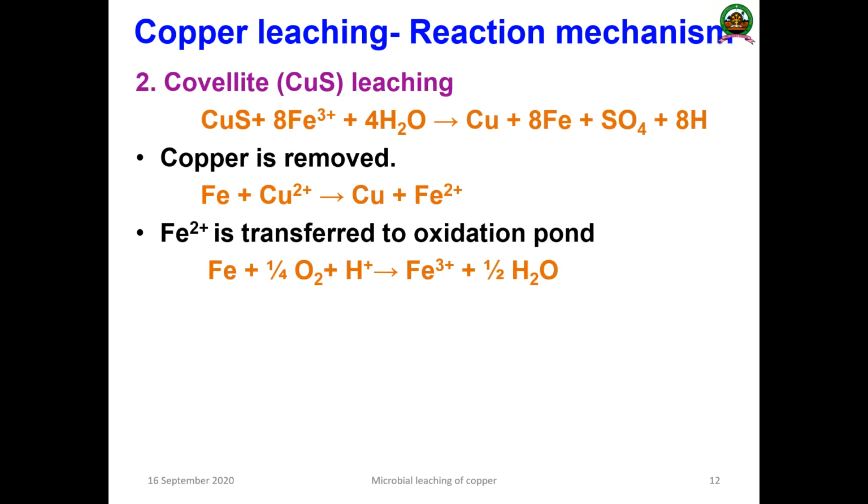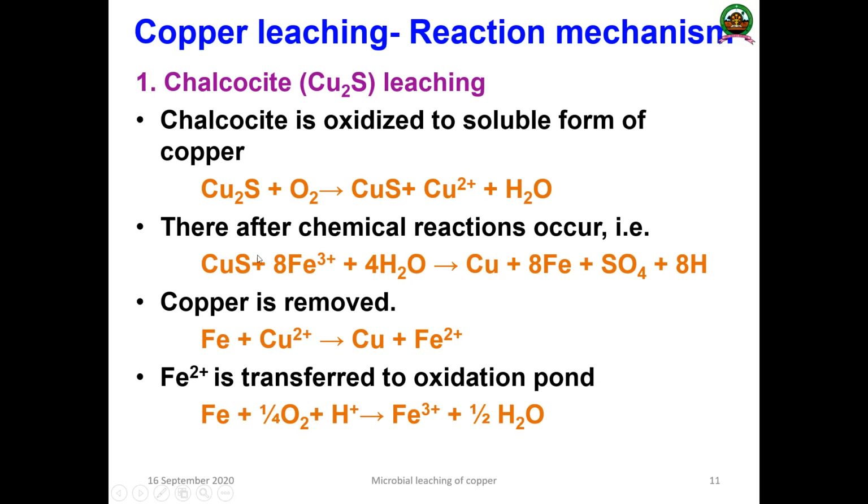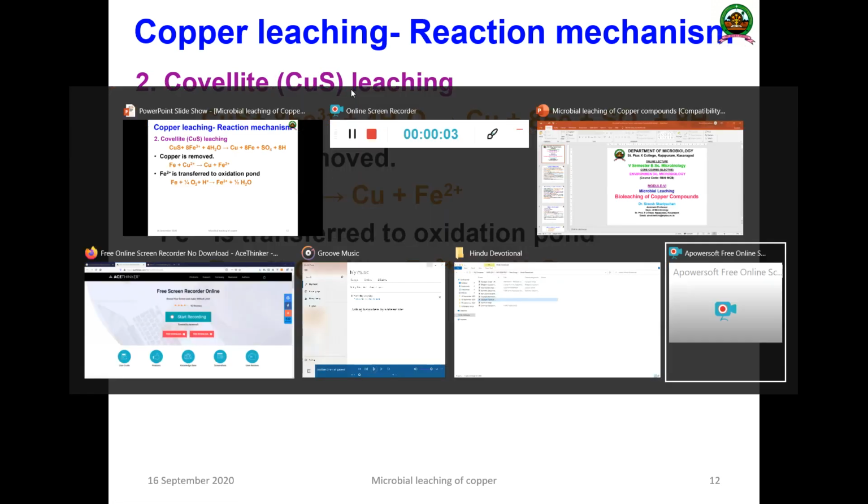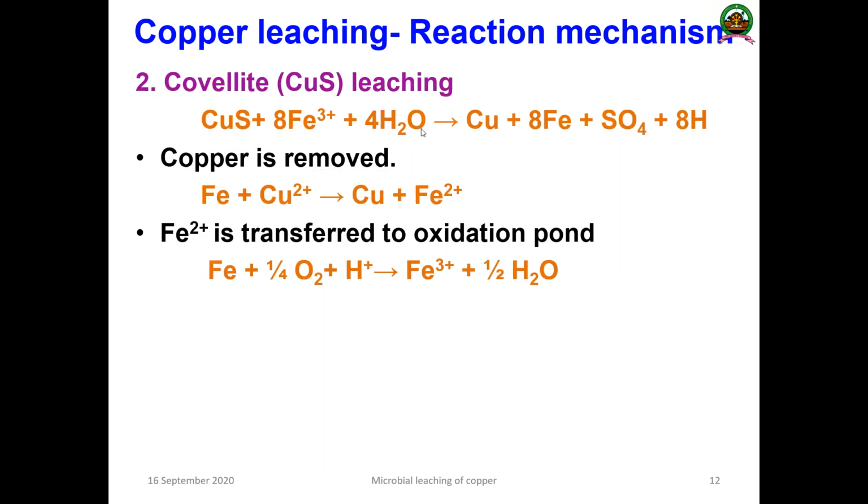Then the second one is covellite, copper sulfide leaching. It starts from the second step, and it is the same thing. The copper sulfide combines with the ferric ion in the presence of water, then forms copper. Here iron oxidizing bacteria play a very important role.